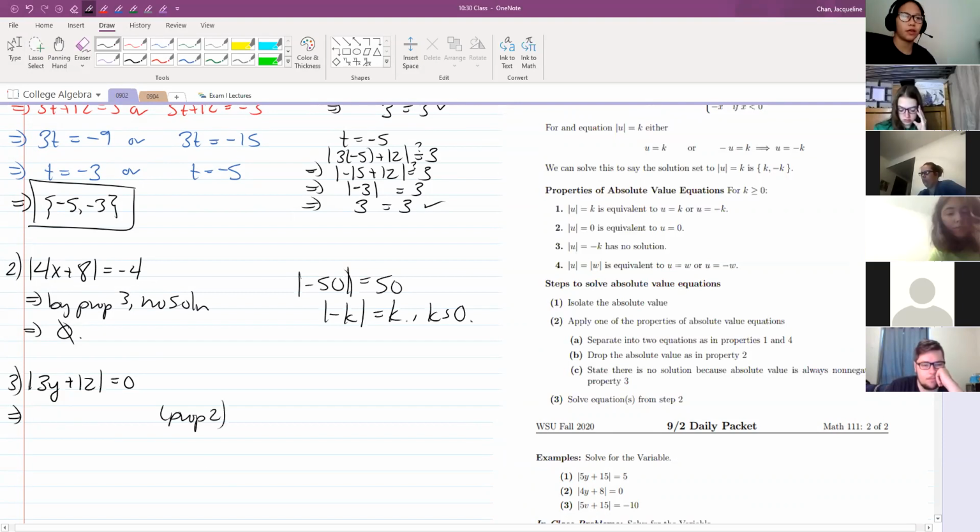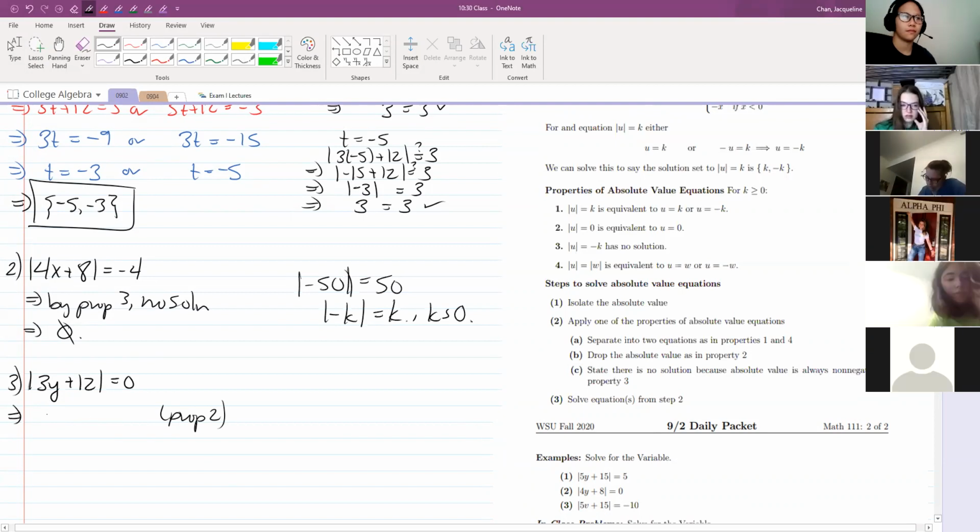What would my equation become? 3y plus 12 equals 0. Perfect. You could apply property 1 as well, but then you get plus 0 and equals minus 0, which is just 0. So you can just separate it into one equation. Again, we're going to solve for y, and when we do that, we get y is equal to -4.